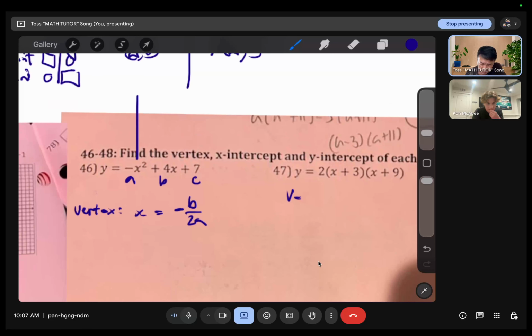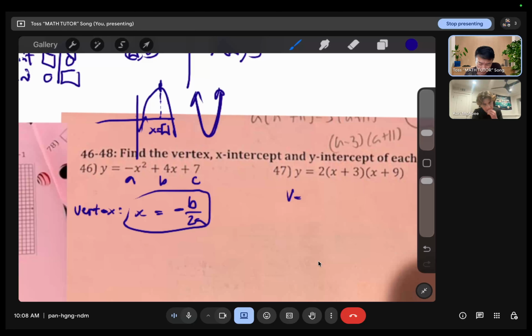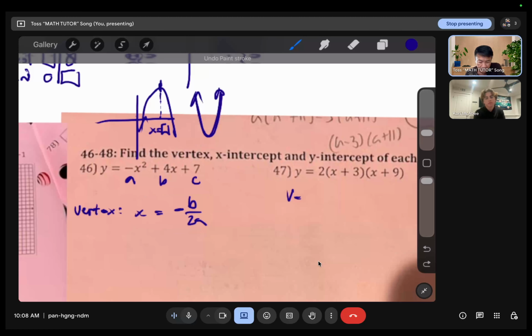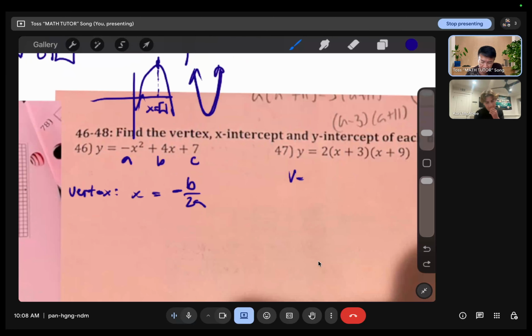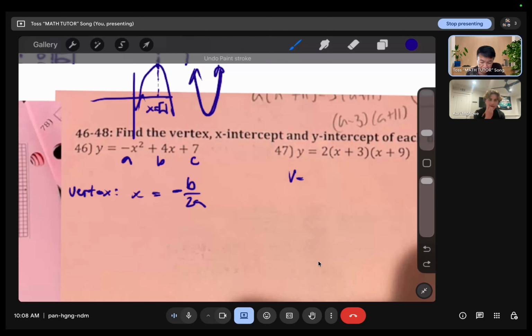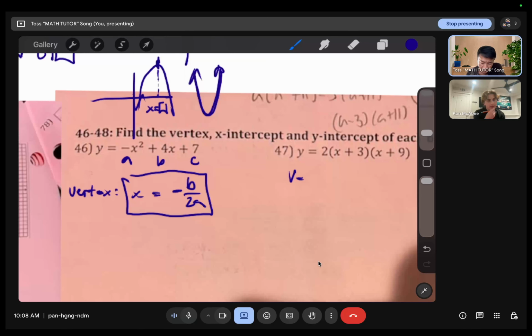If the graph looks like this, the negative B over 2A gives you the X coordinate of the highest point or the lowest point. It can be concave up or concave down. So the X coordinate with this formula will give you that particular value for the highest or the lowest point. So I recommend you do vertex, if you have A, B, and C, using this every single time, just for the X coordinate. But the Y, you plug it back in.